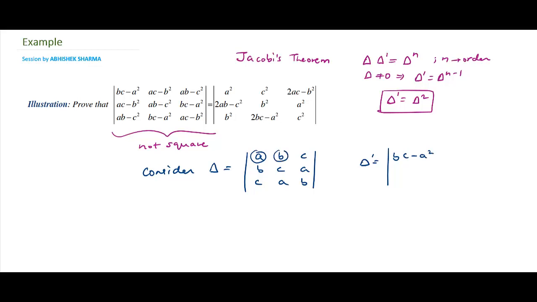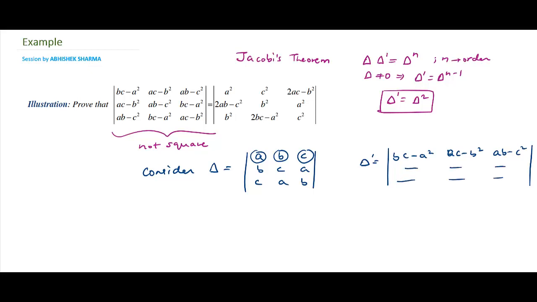Then the cofactor of B we get AC minus B square. Then the cofactor of C becomes AB minus C square. In the same way you can obtain the remaining elements.